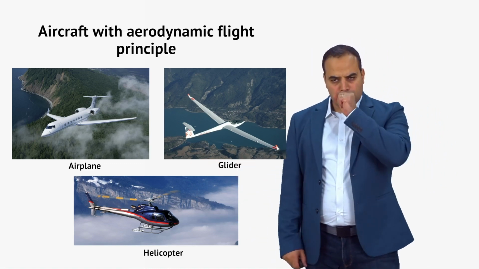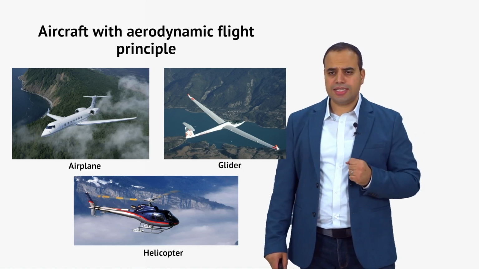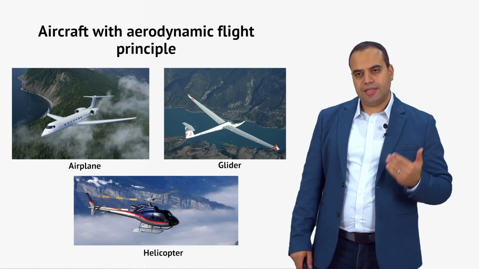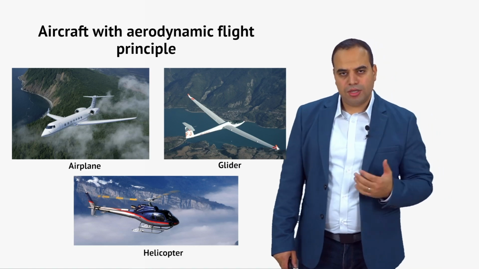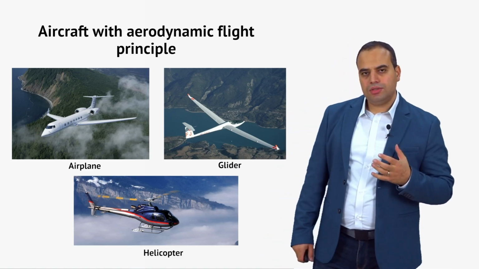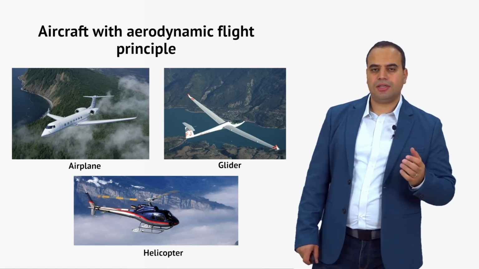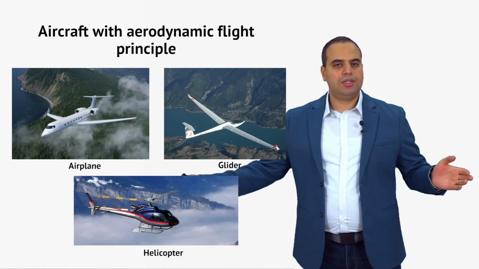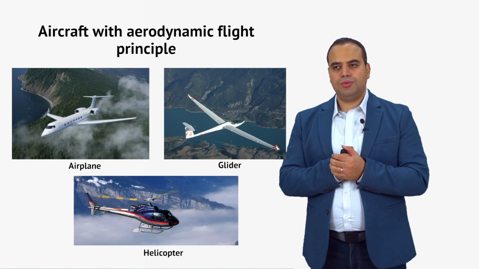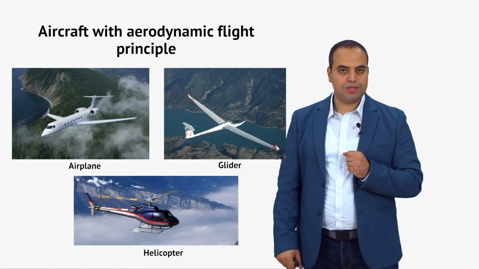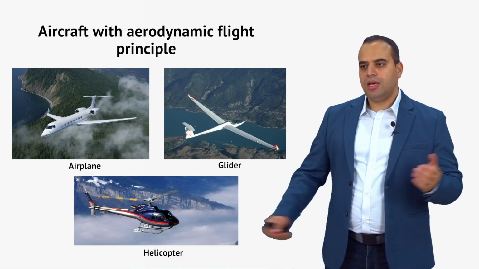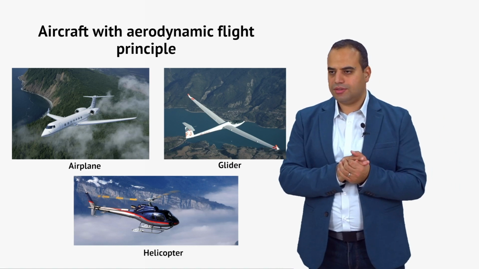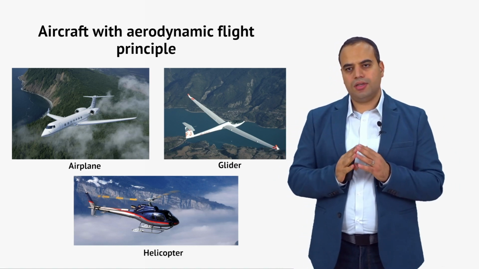While the airplane, because it has an engine, it can fly for a sustainable amount of time and take pretty much unlimited types of payloads. If the aircraft is large enough, it can take a few hundred tons, let's say, of payload, which is very large, and it can travel pretty much up to 22,000 kilometers, which is pretty much the entire planet, if you like, Earth. So it's a very efficient way to fly.